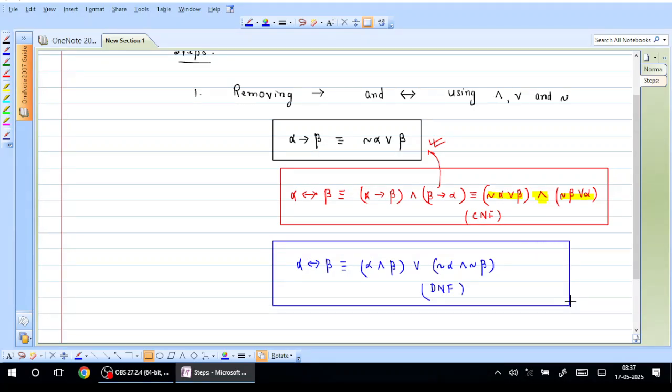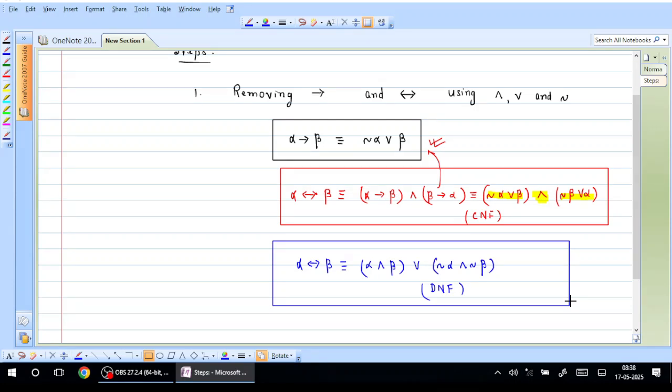So this is the first step, and we must be very clear when to use the formula for the biconditional when we are required to convert it into forms which contain meet, join and negation. For conversion into CNF, I am going to use the second formula which is written in red color, and for conversion into DNF, I am going to use the last formula which is written in blue color.